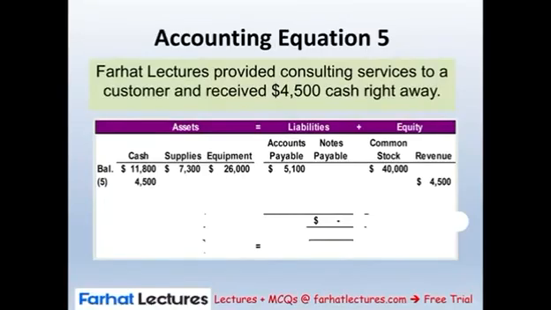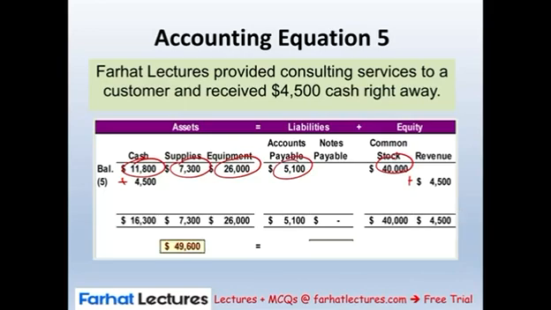So now what we have is 4,500 more in cash, 4,500 more in revenues, and all the balances are from the prior slide, which is we had 11,800 in cash, 7,300 in supplies, and 26,000 in equipment. Now when we add up all the assets, we have assets of 49,600.